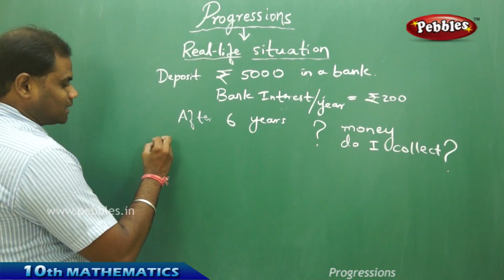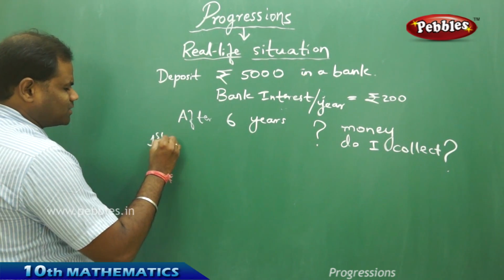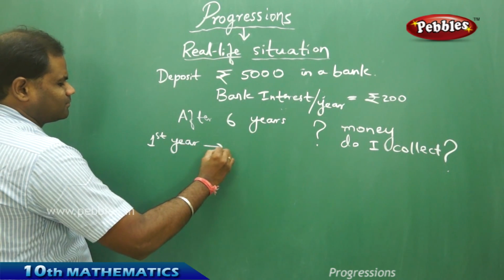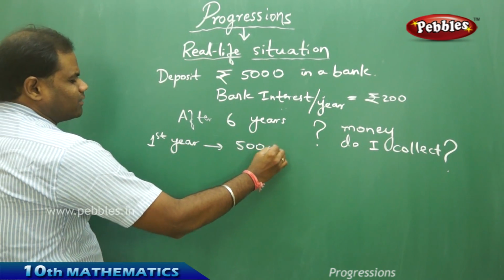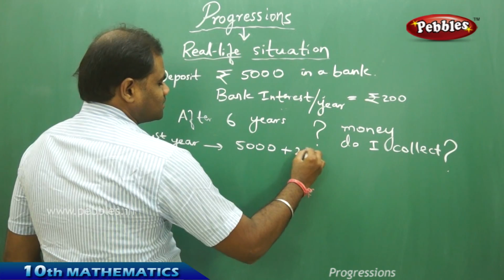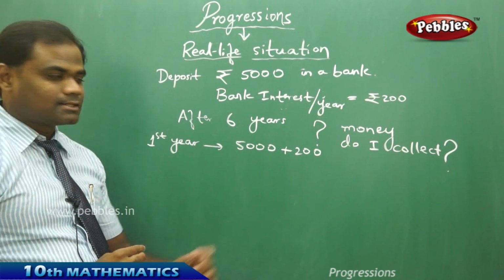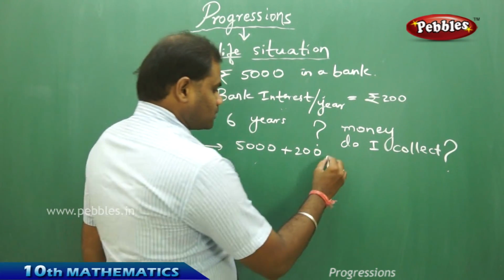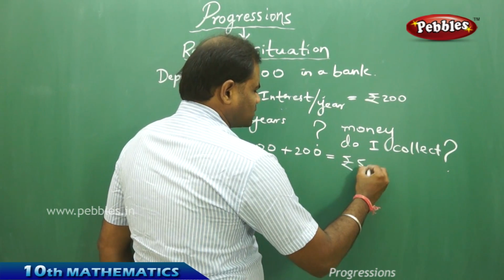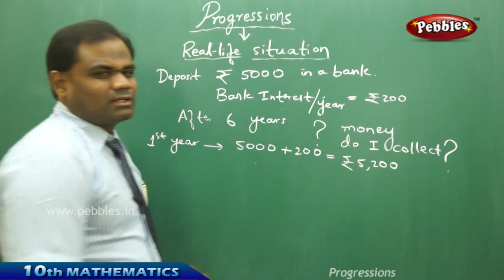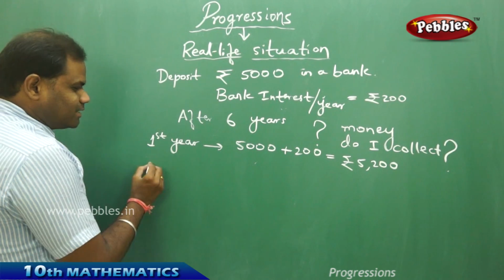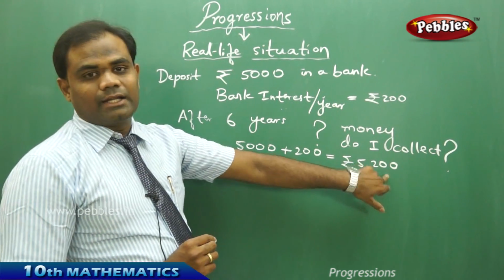As I see here, I can see that in the first year, my deposit of 5,000 increases with 200 rupees as the interest. Therefore, this comes out to be 5,200. And therefore, my second year will have another 200 added to this.